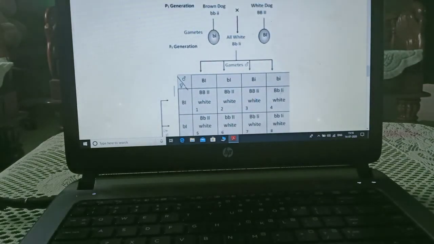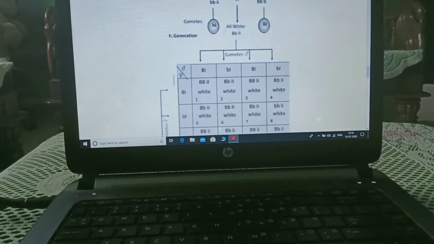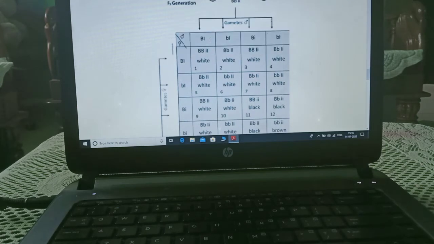We'll see here the P1 generation. Suppose a brown dog, its genomic constitution small b, small b, small i, small i, and a white dog, capital B, capital B, capital I, capital I. They both are crossed, and in the F1 generation the gametes will be capital B, capital I, small i, and these 4 types of gametes will be formed the way they were made in the dihybrid cross: capital B capital I, capital B small i, small b capital I, small b small i.